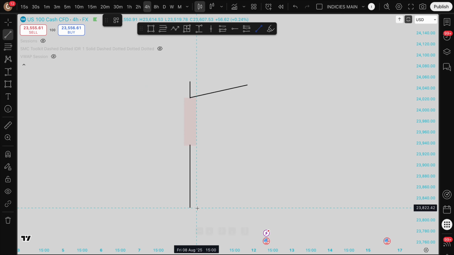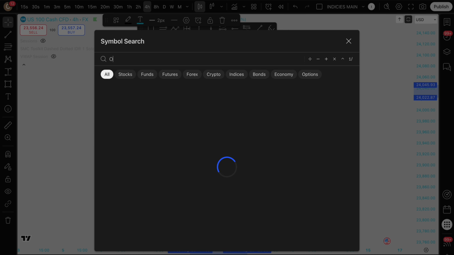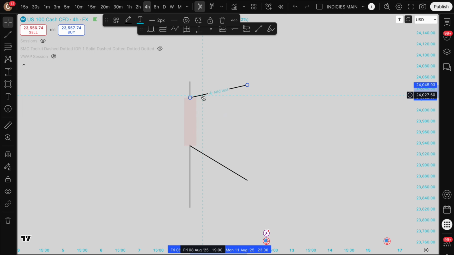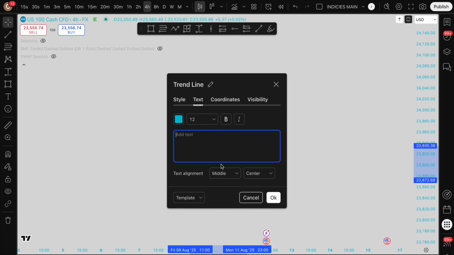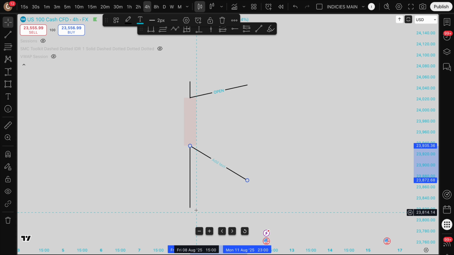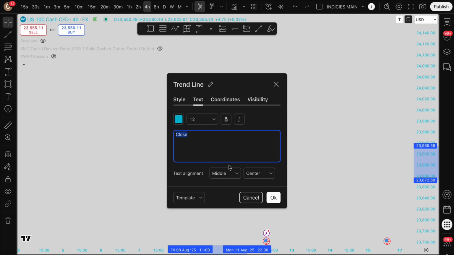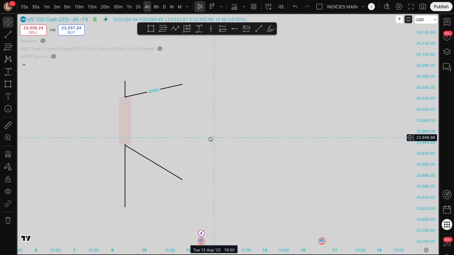This would be the close. But you can notice that price opened there, then made its way to the upside before going all the way to the downside and finally closing there. Does that make sense?